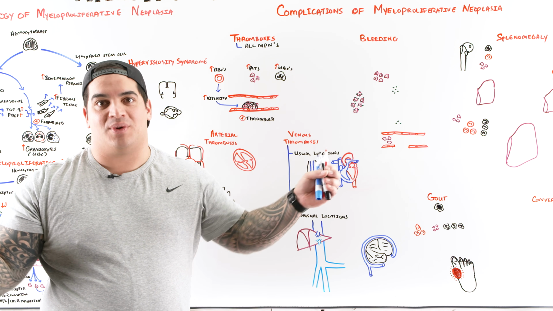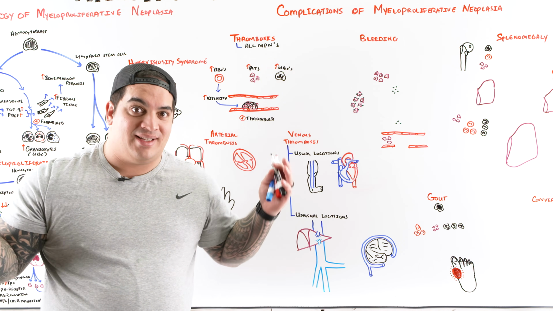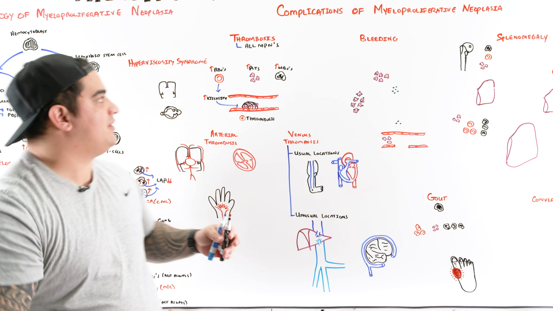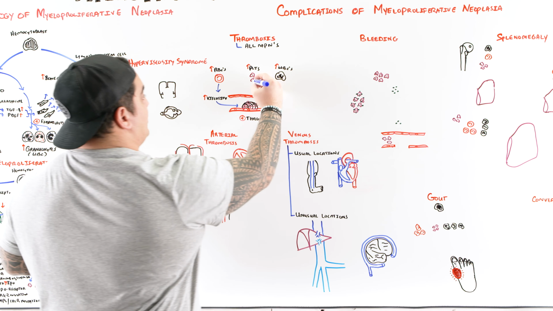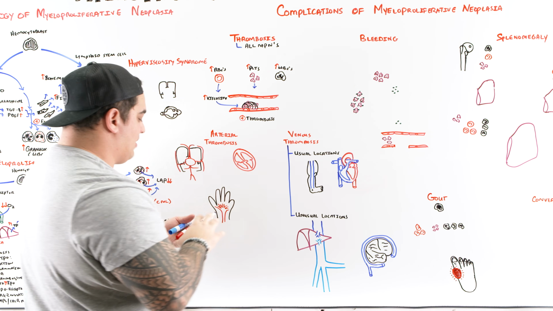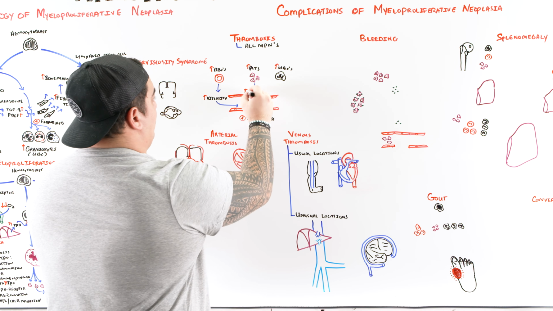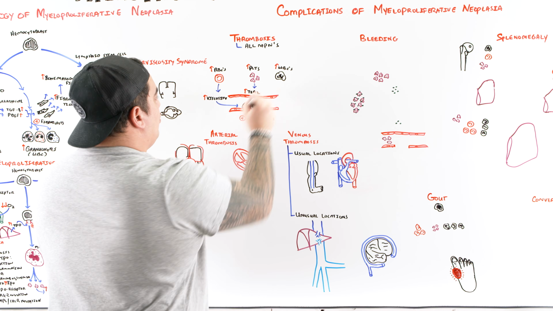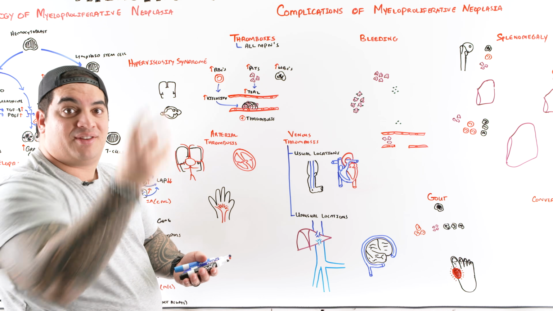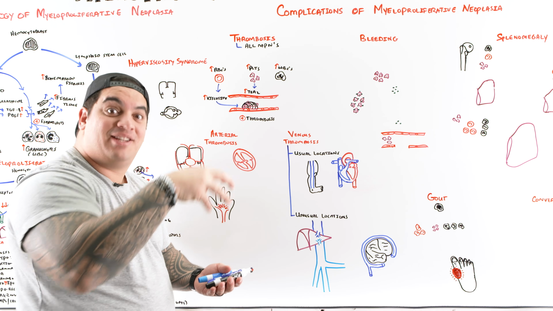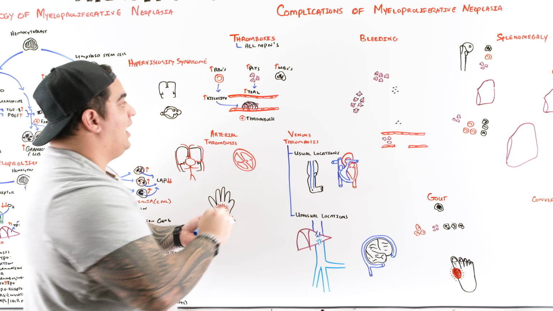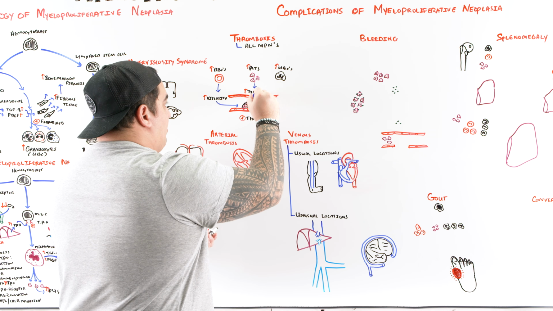And if there's more towards the edge, it can increase the risk of sticking to the endothelium and causing a thrombus. With that being said, if a patient has an increase in platelets, whenever there's lots of platelets, they release lots of this chemical called thromboxane A2. And thromboxane A2 triggers platelet aggregation. It tells other platelets, hey, come here, stick to me, and cause this thrombus. And so that's another reason why that starts to happen.